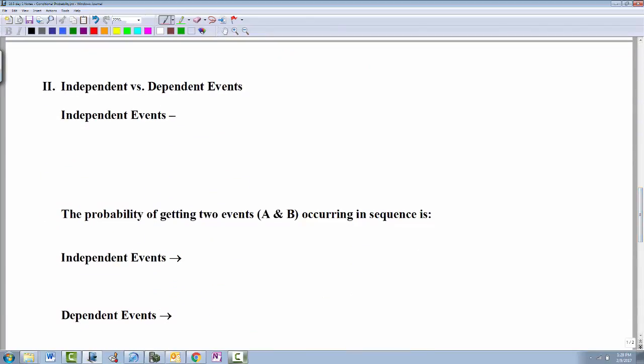This is actually a dependent event. That is the way we have to treat it.